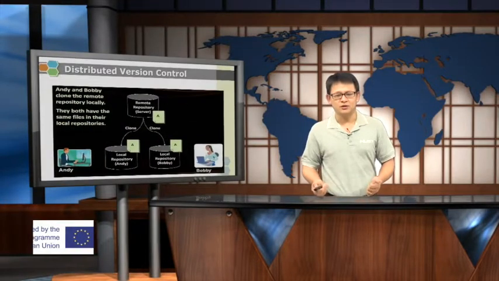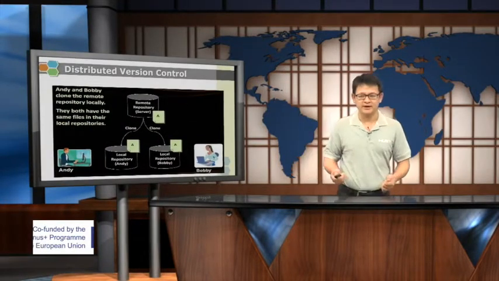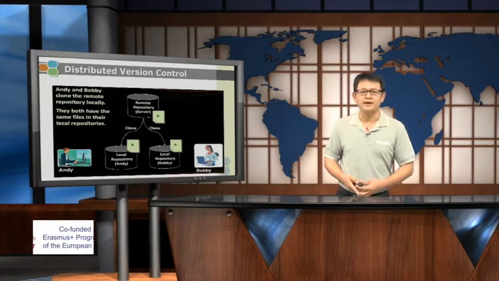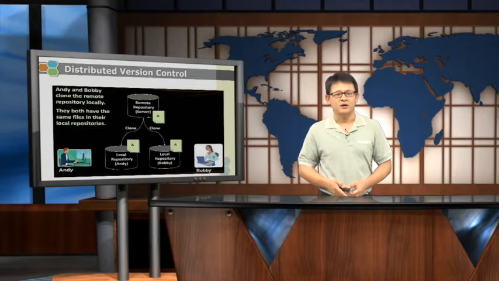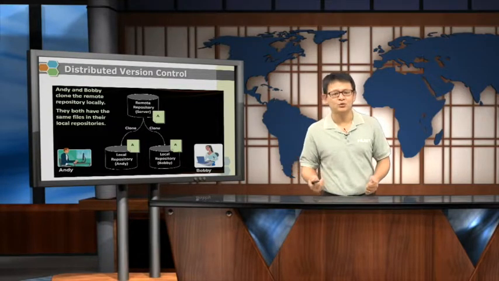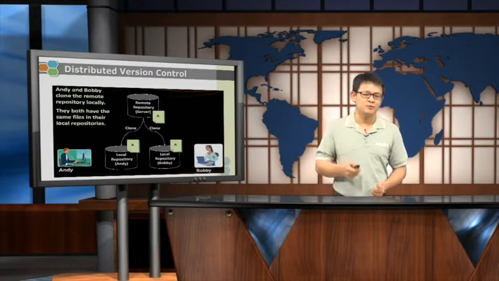So let's go to the third model, which is very widely used nowadays, the distributed version control. Let's take an example. Here we have the remote repository, a server, and they have the file A. First, Andy and Bobby have to clone the remote repository into the local repository.